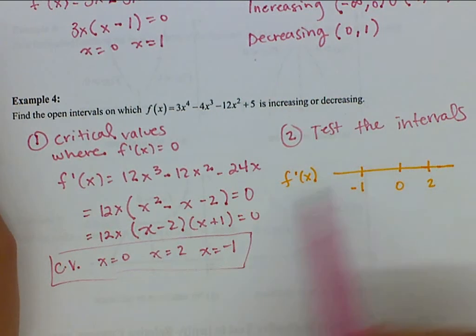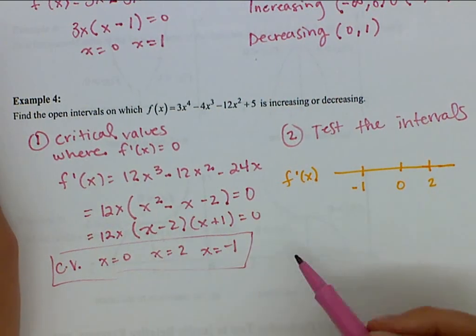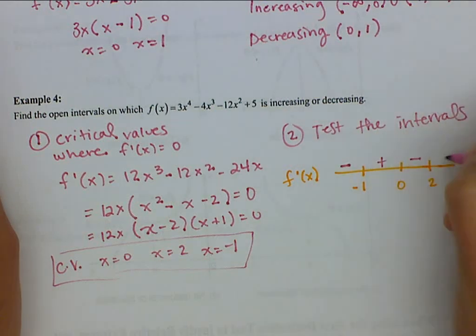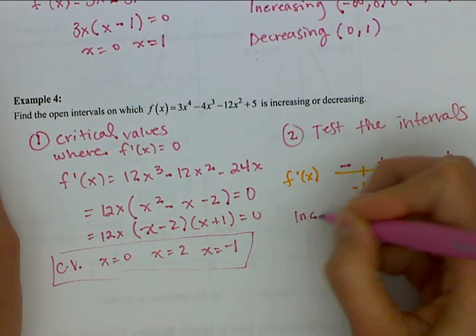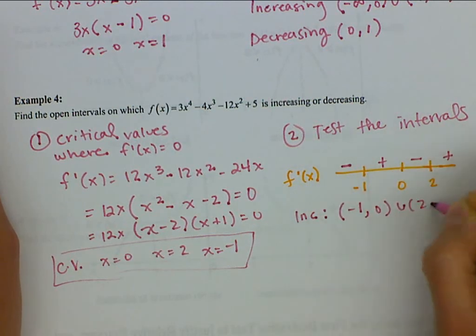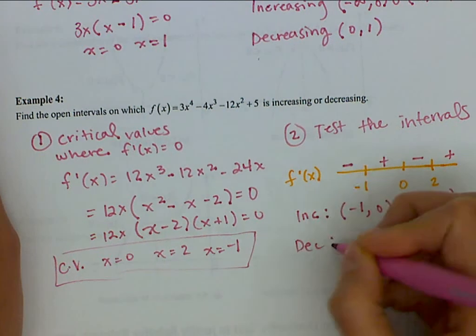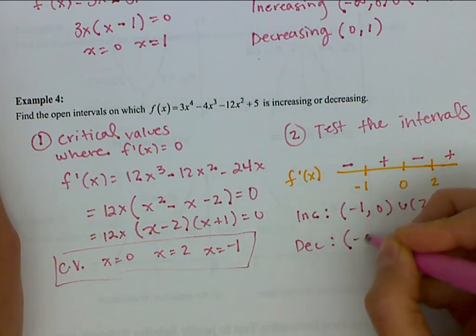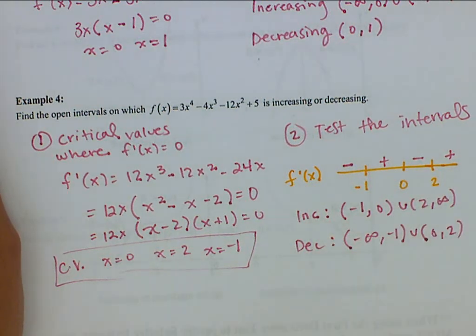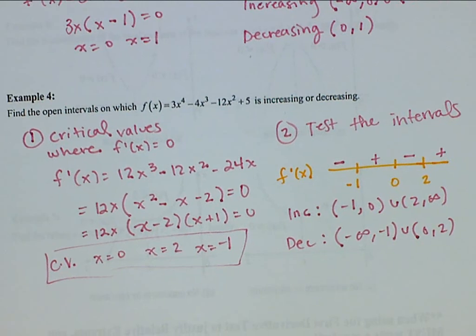So if I would plug these numbers in, I would end up getting negative, positive, negative, positive. So it's increasing, and decreasing here. Did you get that? Good job.